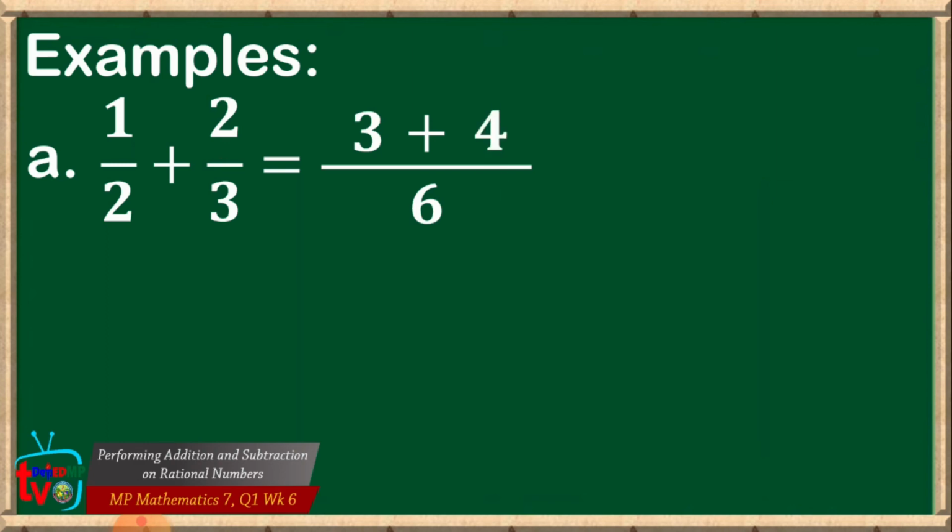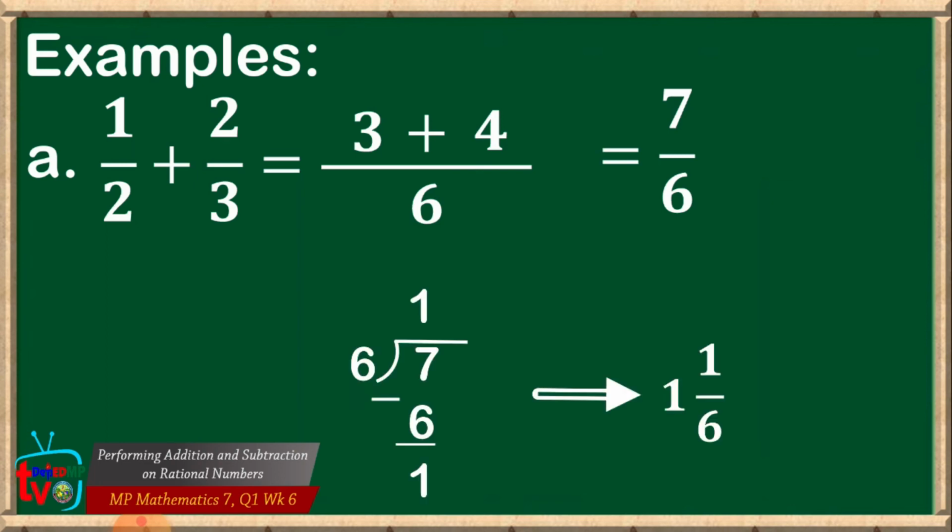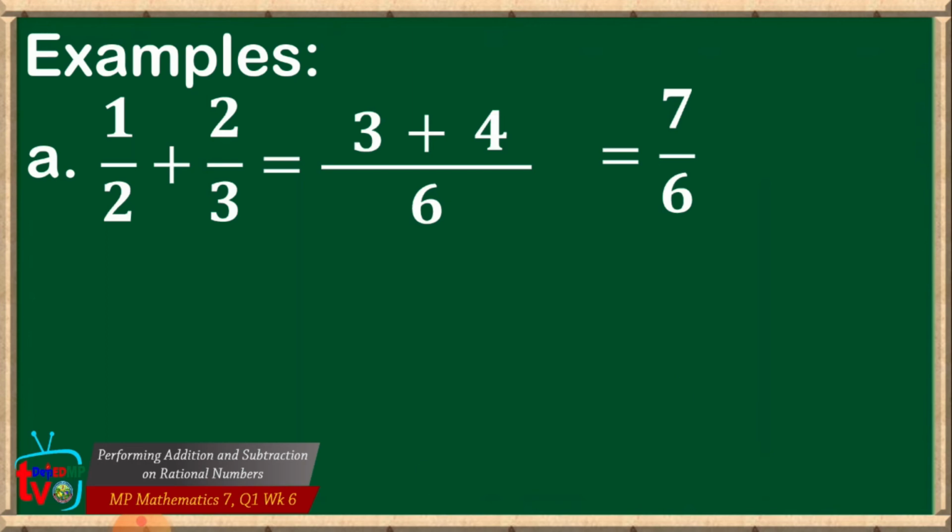Get now the sum of 3 and 4, that is 7 over 6. 7 over 6 is an improper fraction, so let's simplify it to a mixed number. Our final answer will be 1 and 1 over 6.